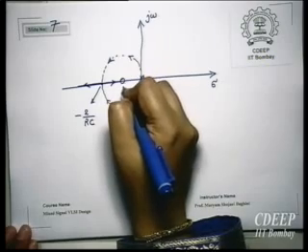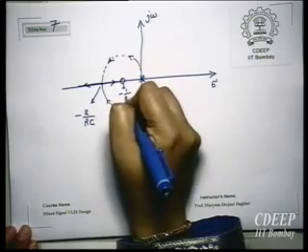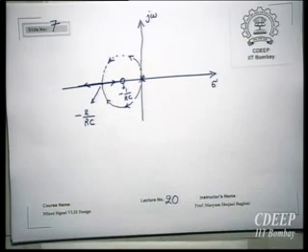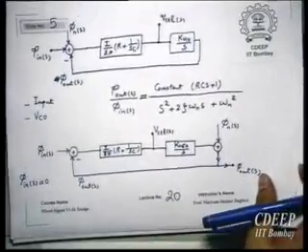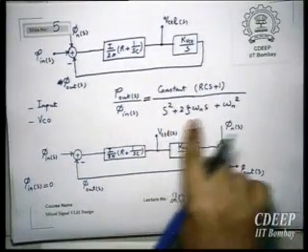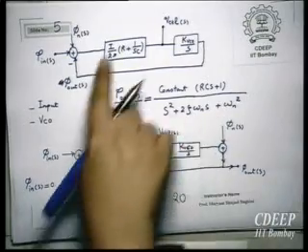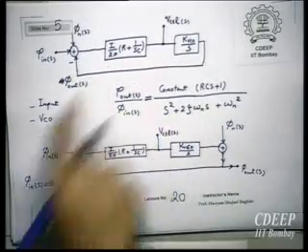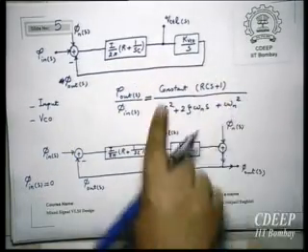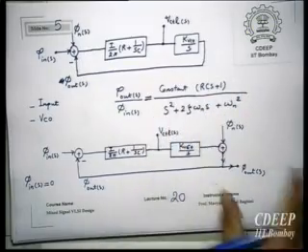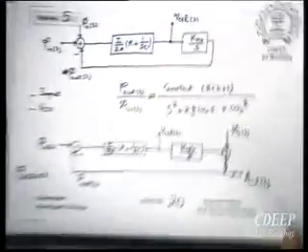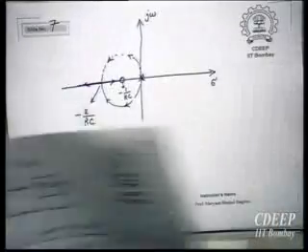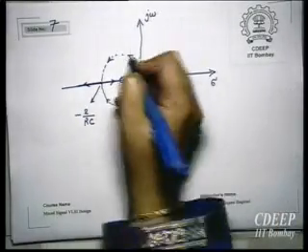And this is the zero, which is minus 1 upon RC. RC is this RC. I am looking at how the location of these poles will change according to the gain in the loop. The gain in the loop is KVCO times I upon 2 pi. According to that, how does the position of the poles change? If you remember, it was a function of KVCO and I upon 2 pi.